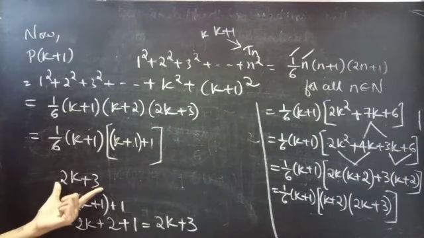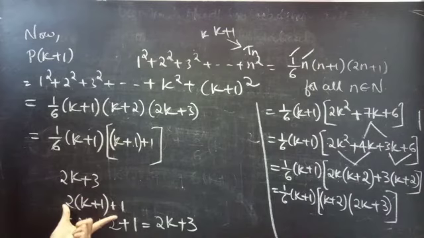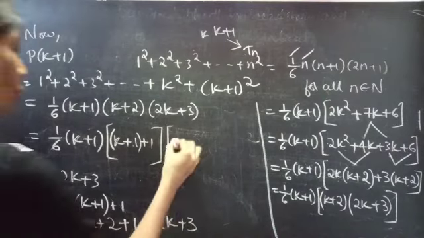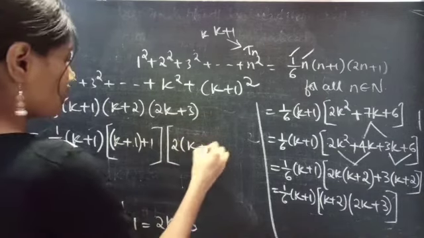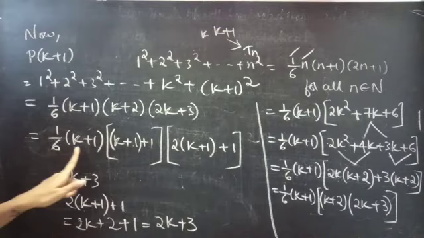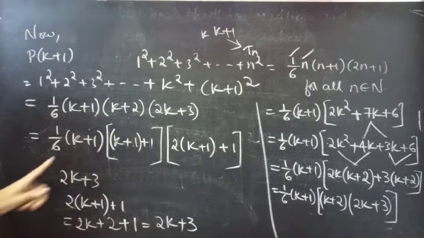So now you can replace 2k plus 3 by 2 times k plus 1 plus 1, which is the same number. So now we have everything in terms of k plus 1, right?